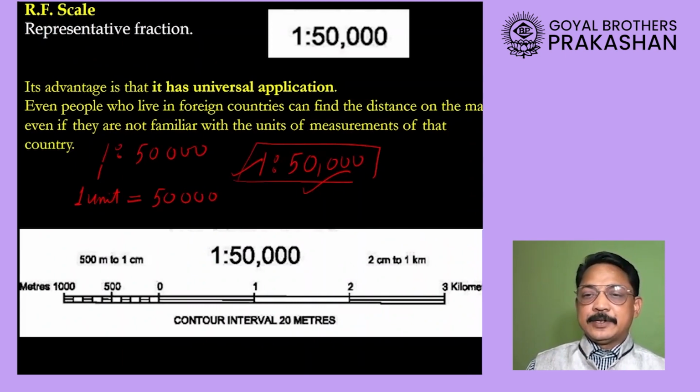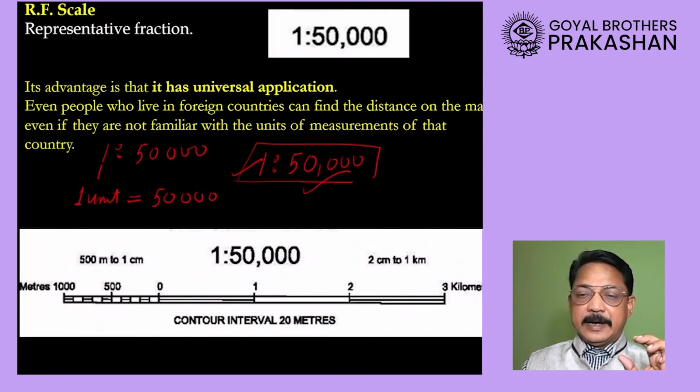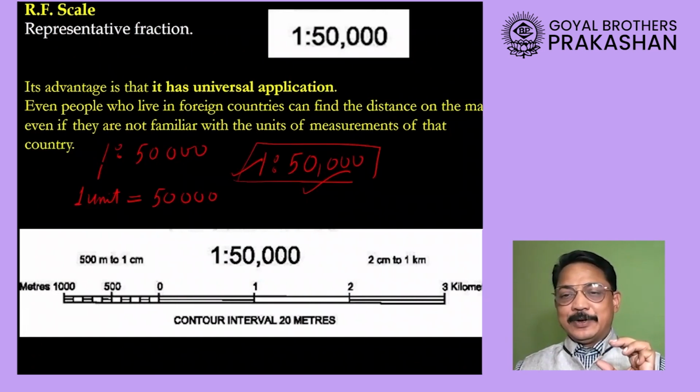So dear students, now we get an idea. Even if I do not know the unit which is given over there, if it is written there 1 is to 100 yard, now that yard is not known to me, but if it is written 1 is to 100, I will at least understand that 1 centimeter or 1 unit on map is equal to 100 same units on ground.